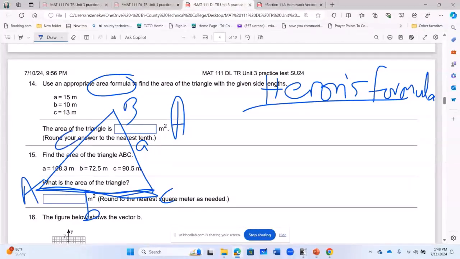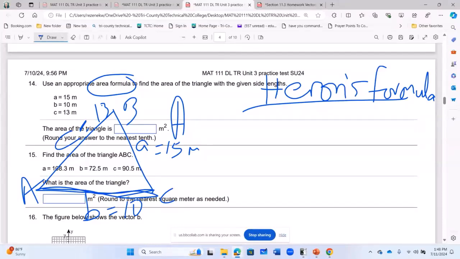Small a is 15 meters, small b is 10, small c is 13.